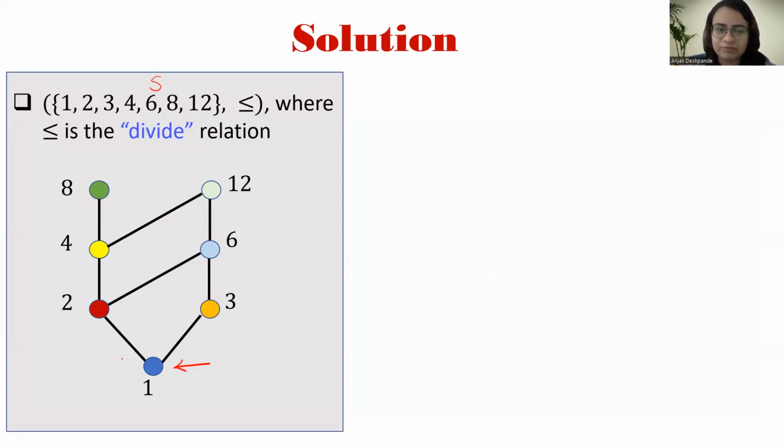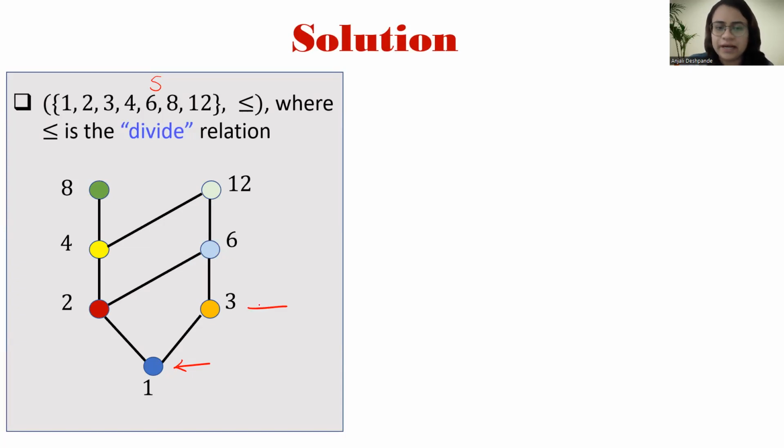Because from 1 I can reach any other element through the intermediate points. So if I want to reach 12, I can go from 1 to 3, 3 to 6, 6 to 12, or by any other route. I don't actually need 1 to 12, so it is removed in the transitively implied edges step.